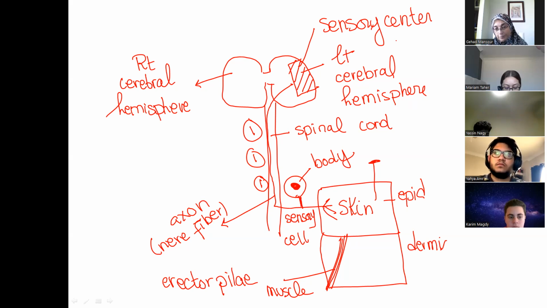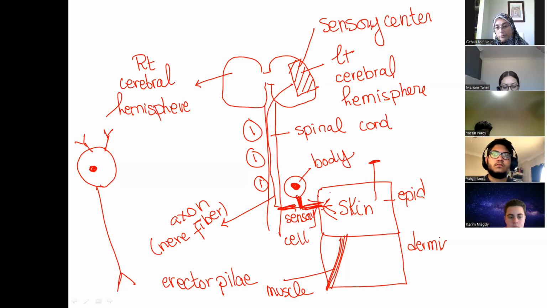But if you focus on that sensory cell, المفروض الtypical neuron بيكون عامل ازاي؟ الtypical neuron بيكون في cell body وبيكون في dendrites كده وبيكون في axon. هنا axon of the sensory nerve cell has divided into two branches.